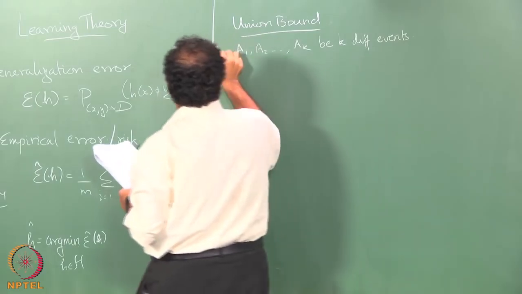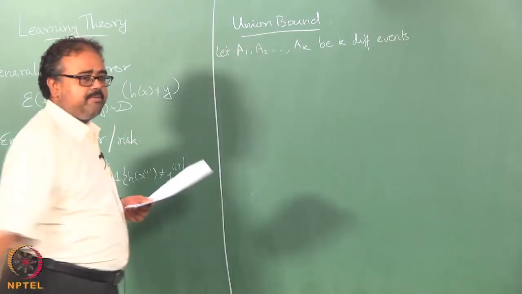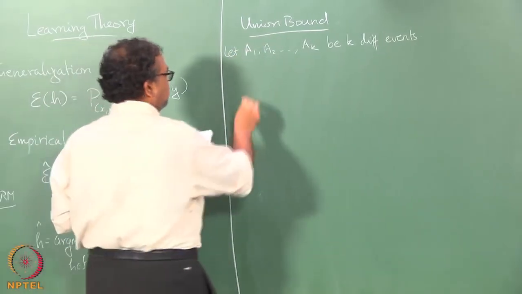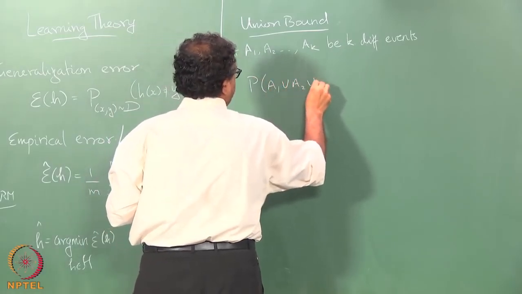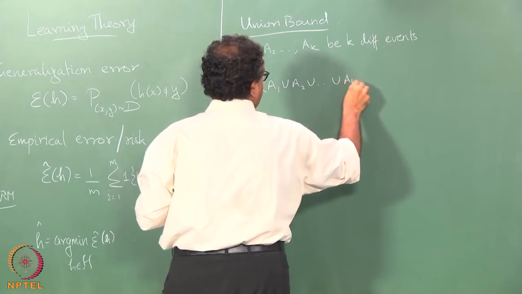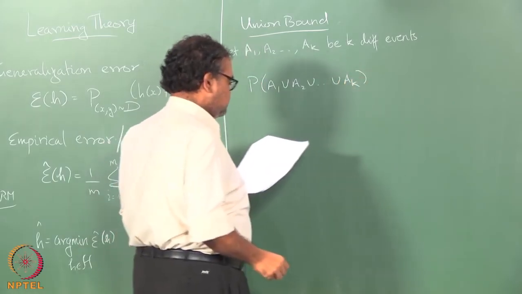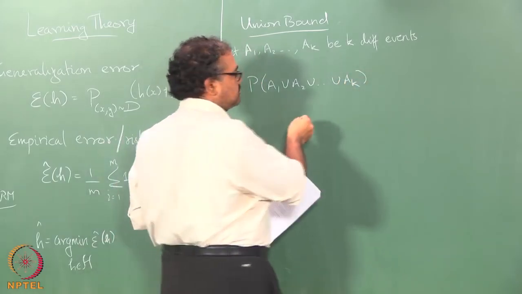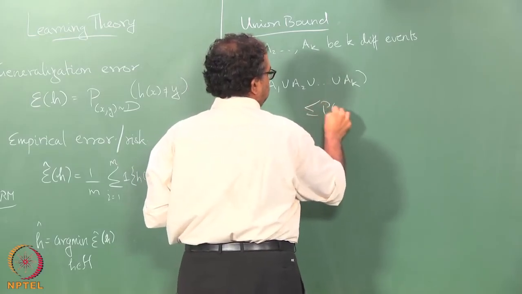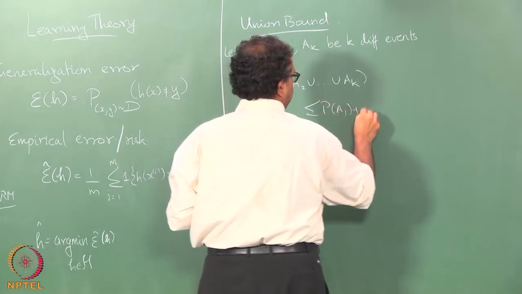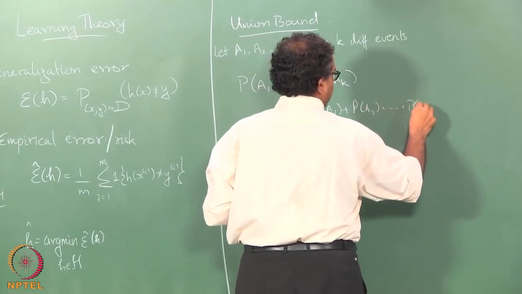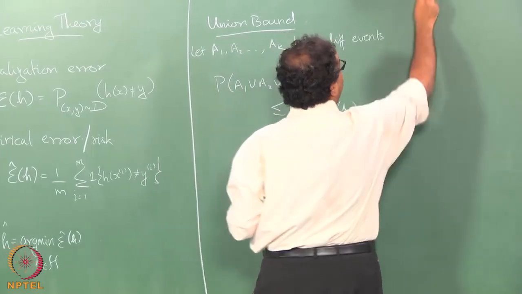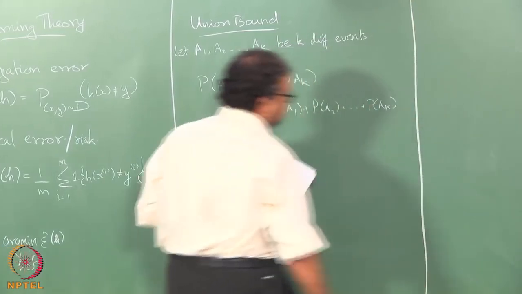Let A1 to AK be k different events, then the probability of their union is at most the sum of their probabilities.